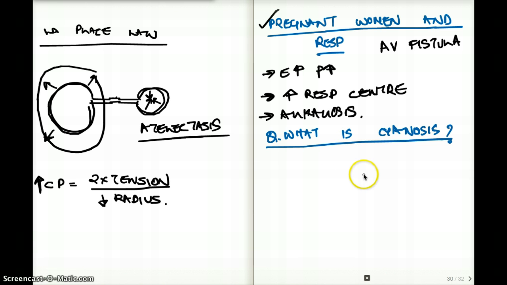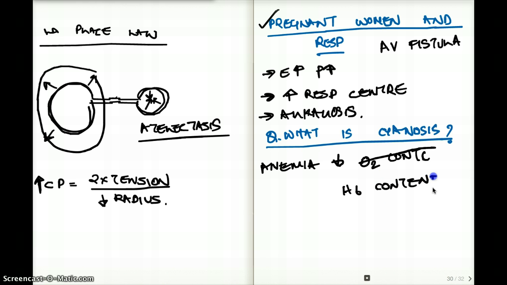Third is cyanosis. What do we mean by cyanosis? Cyanosis and anemia. Anemia is obviously a decrease in hemoglobin content.